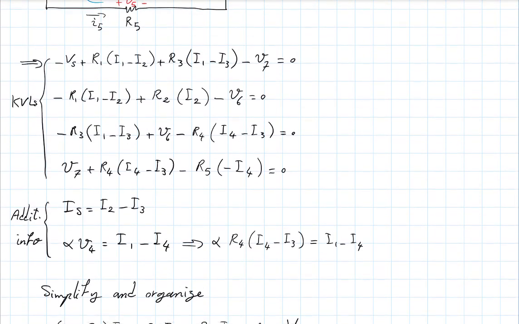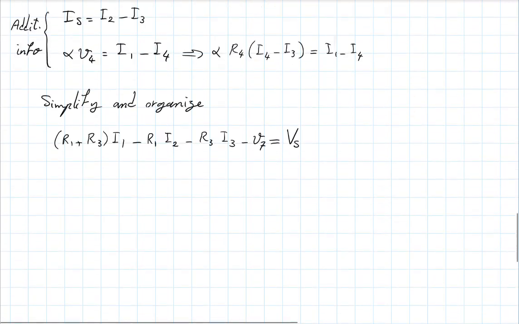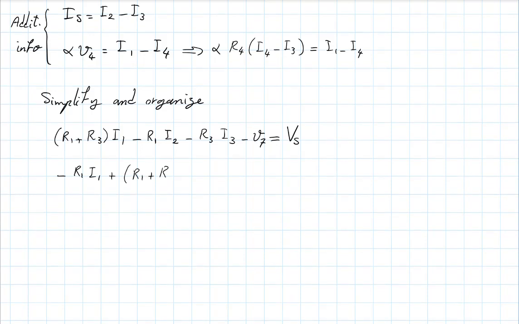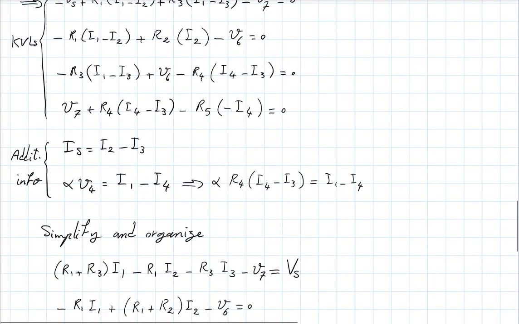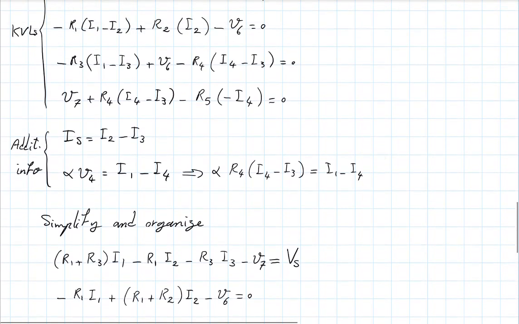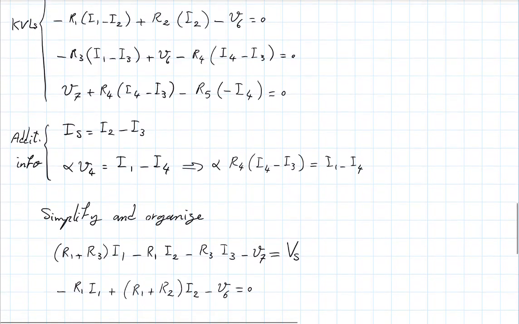The second one, you'll see minus R1 I1 plus R1 plus R2 I2 minus V6 equals 0. Did I get that right? Minus R1 I1 plus R1 plus R2 I2 minus V6 equals 0. The next one, I have minus R3 I1.